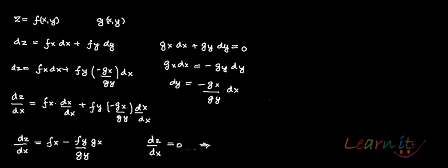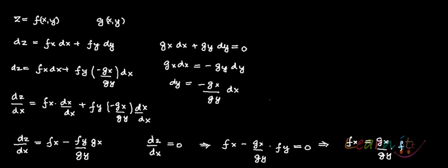Well, this would imply that the RHS of this has to be equal to 0, which means fx minus gx by gy fy should be equal to 0, which would imply that fx is equal to gx by gy fy, and which would imply fx by fy equals gx by gy.